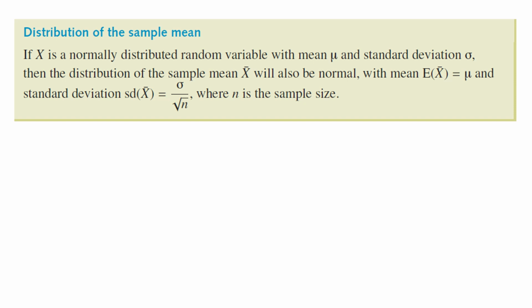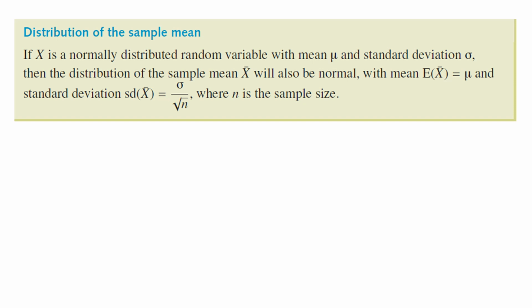Then the distribution of sample mean x bar is also going to be normal, okay? And its mean is exactly equal to the mean of the population. But its standard deviation differs. It's equal to the standard deviation of x divided by the square root of the sample size.